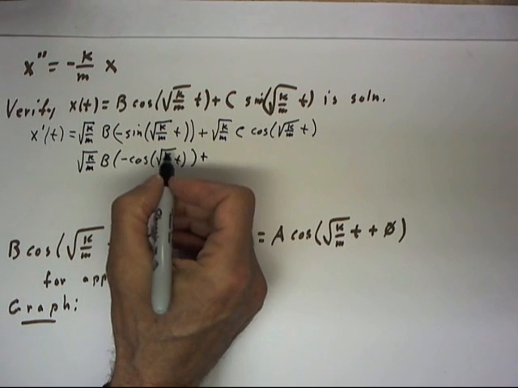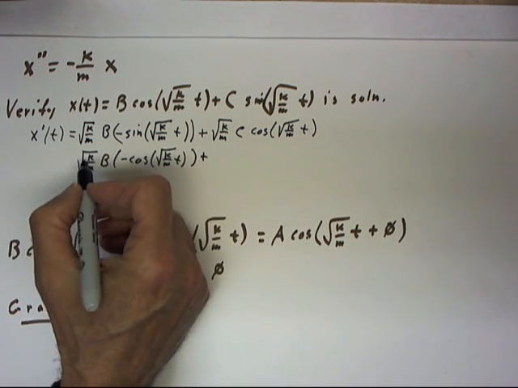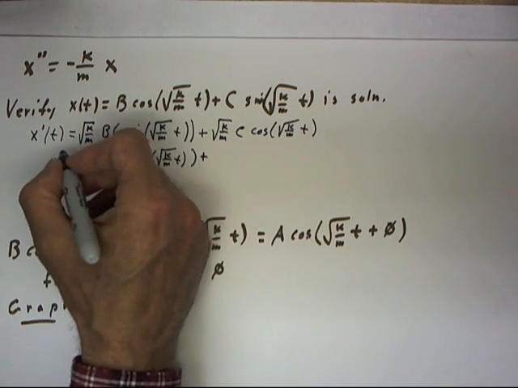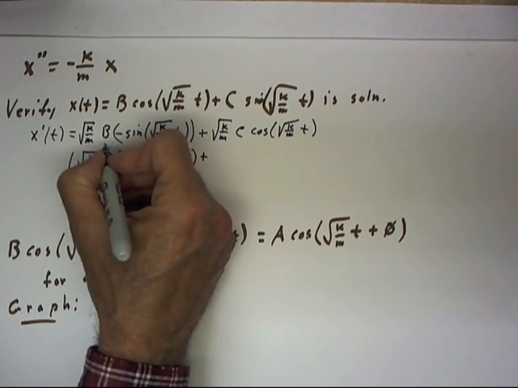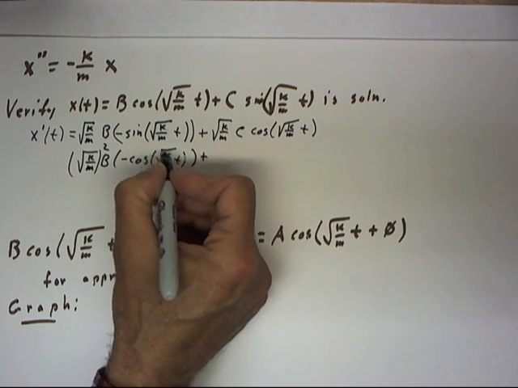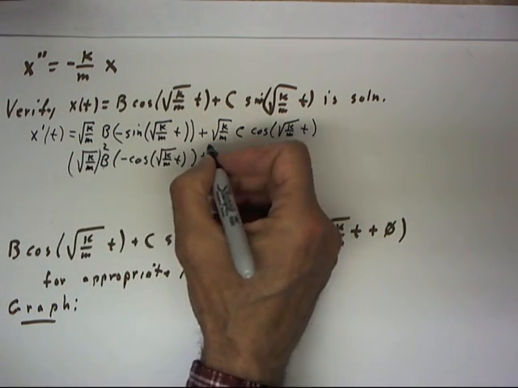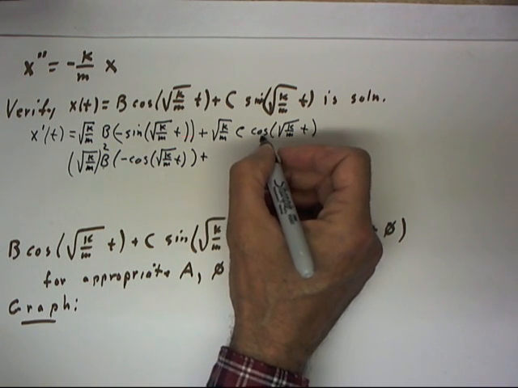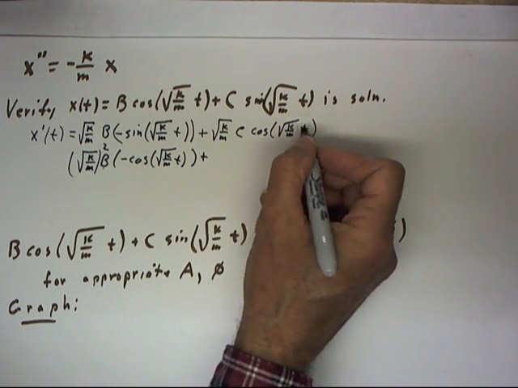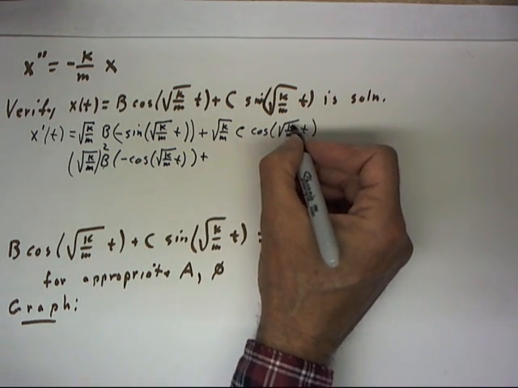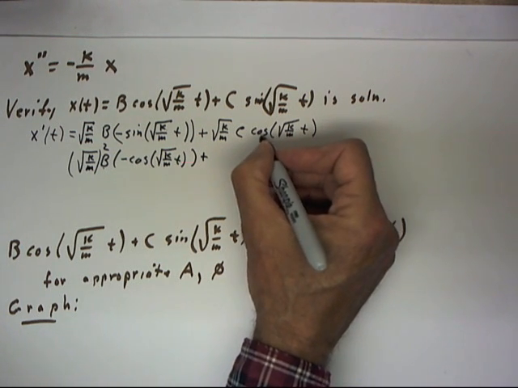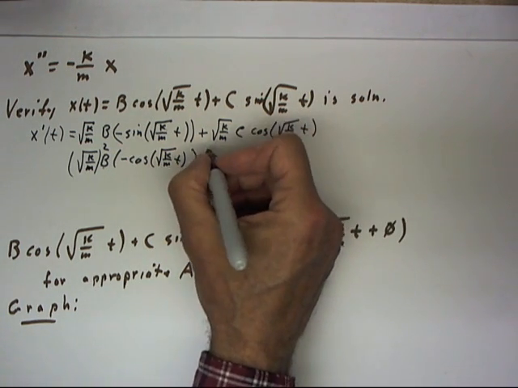Let's back up. Okay, when we took this derivative, we got the factor square root of k over m, but there's another factor square root of k over m that comes out of the chain rule when we take this derivative. So we get square root of k over m quantity squared. Okay, now over here, taking the derivative of cosine square root of k over m t, we get the square root of k over m times the negative sine of square root of k over m t.